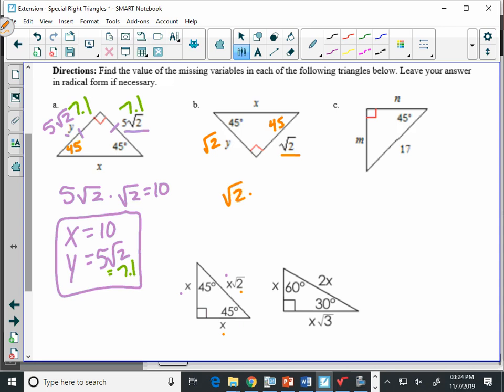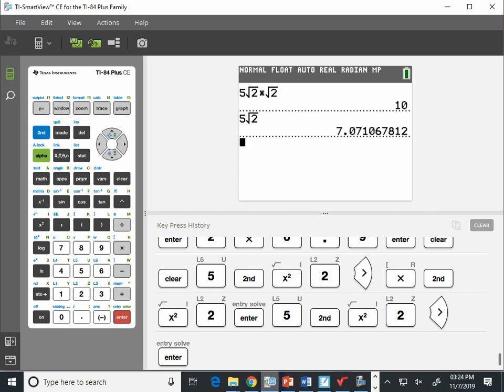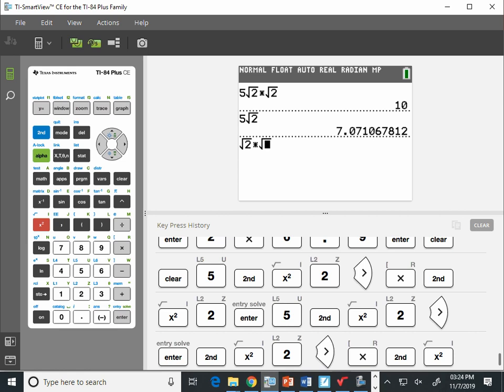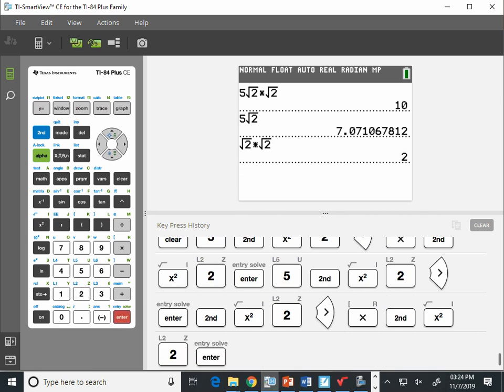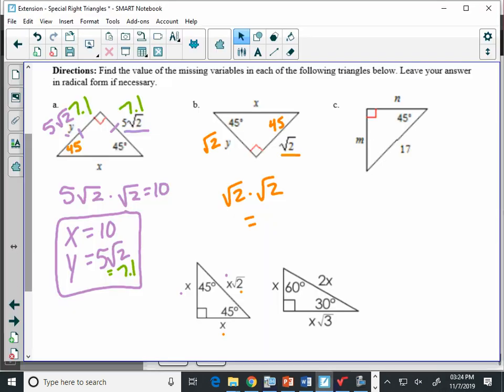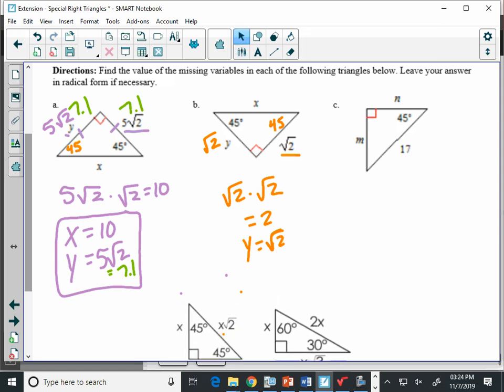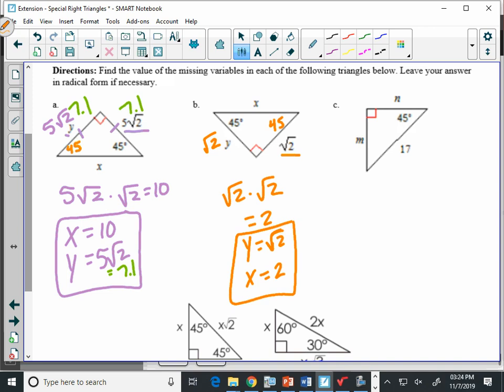So I'm going to do radical 2 times radical 2, which gives us 2. So y is radical 2. Again, if it's given to you as a radical, you can just leave it as a radical. And our x is 2. Here's our answers.